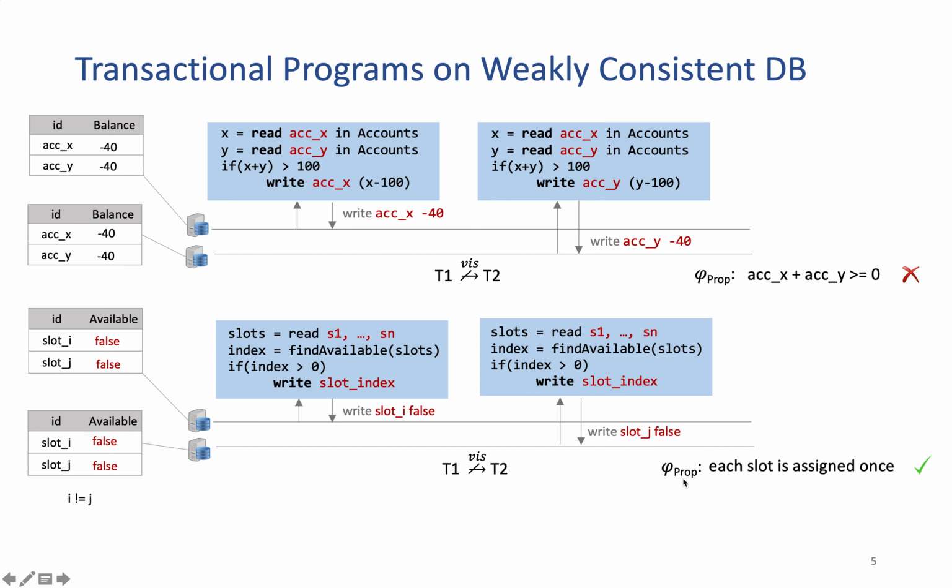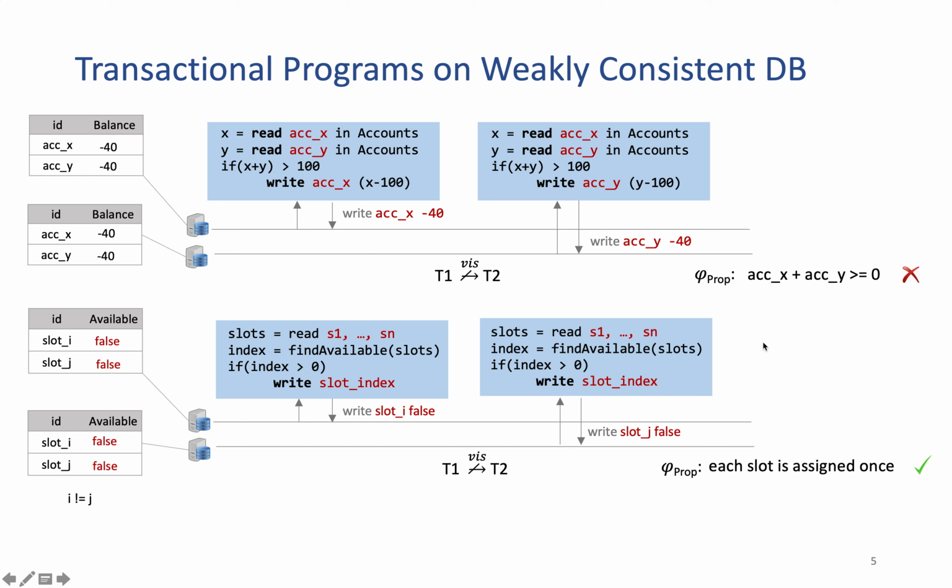Let's say that we have the application property saying each slot is assigned once. And if the consistency model, although it allows concurrent executions, disallows conflicting concurrent updates, here the requirement would be I is not equal to J, then this property is satisfied.